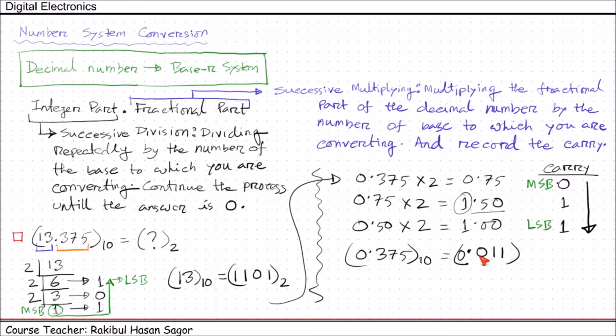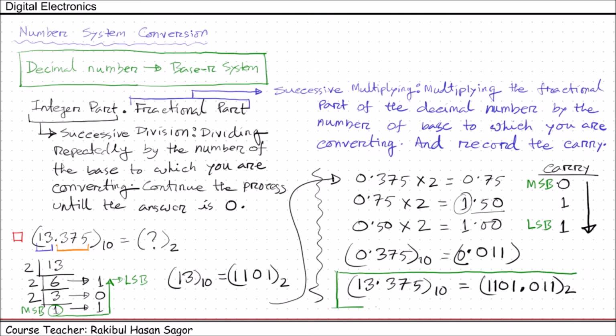Hence, finally, we can write the binary equivalent of 13.375 decimal number is equal to this value 1101.011, and this is the final result. Here we need to put 2.